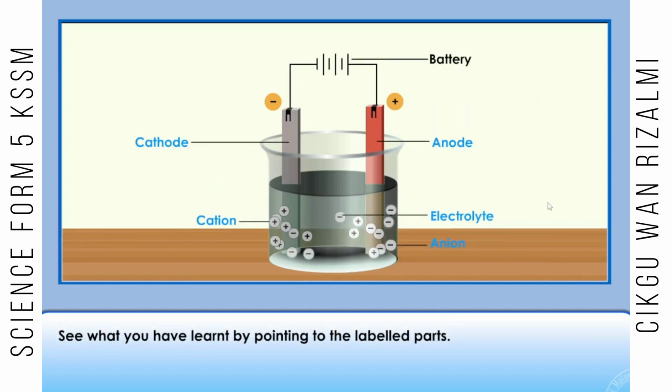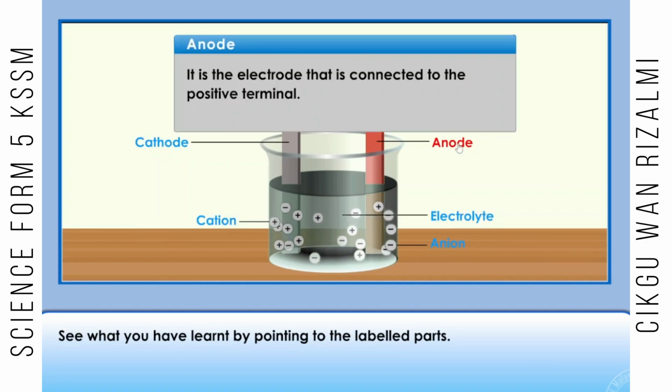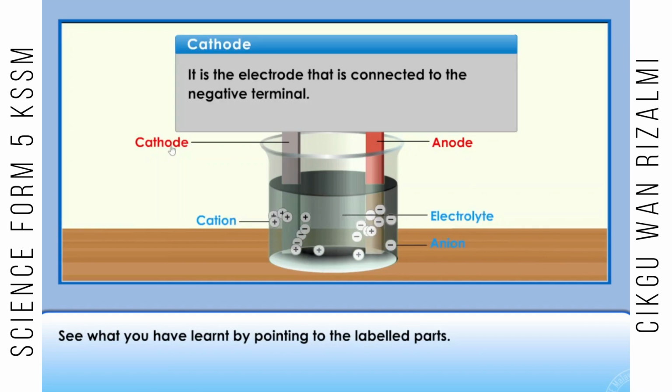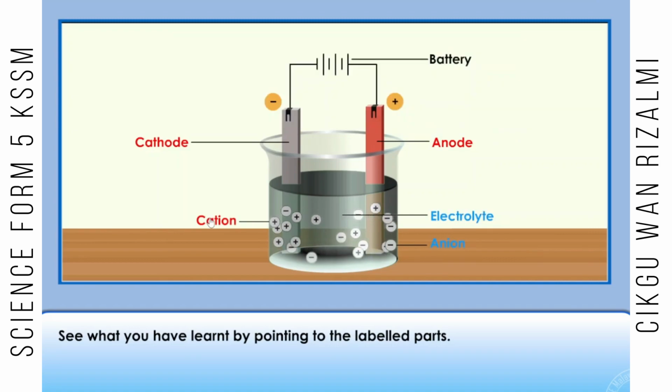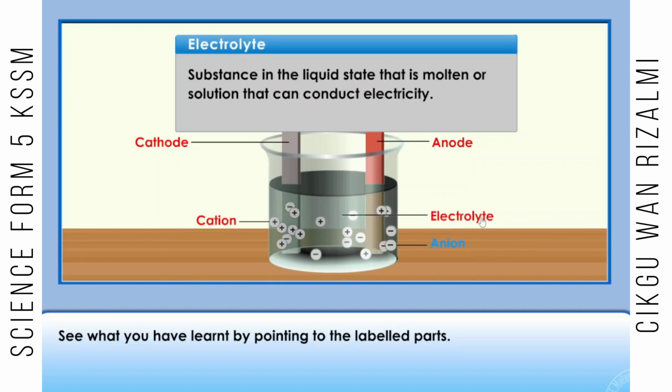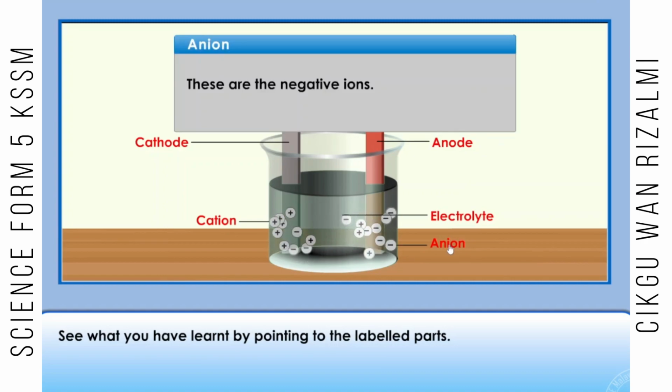See what you have learned by pointing to the labeled parts. It is the electrode that is connected to the positive terminal. It is the electrode that is connected to the negative terminal. These are the positive ions. Substance in the liquid state, molten or solution, that can conduct electricity. These are the negative ions.